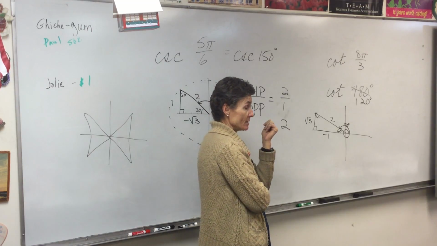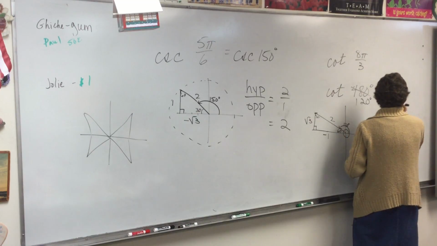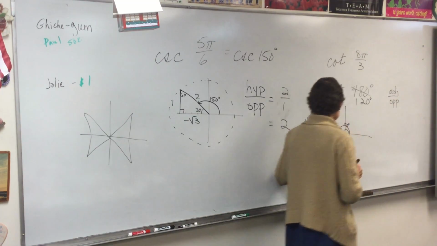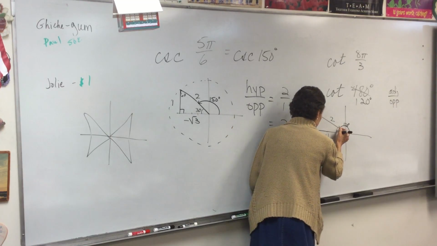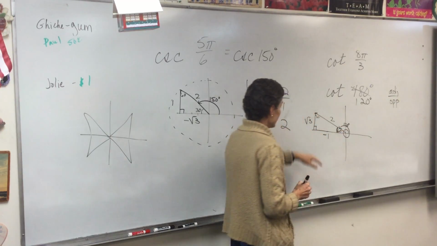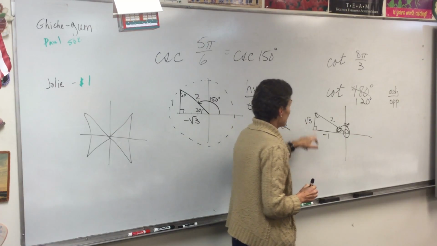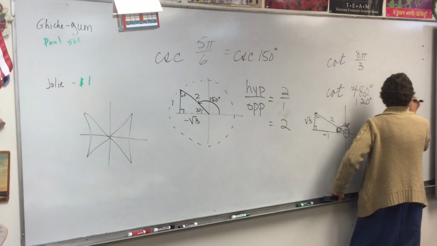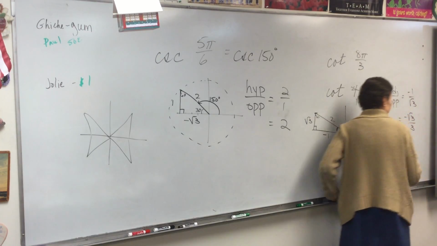So this will be adjacent over opposite. Which adjacent over opposite would be what in this triangle? Remember, this is your angle right here, so it's all relative to that. So adjacent over opposite would be negative 1 over root 3, or negative root 3 over 3.